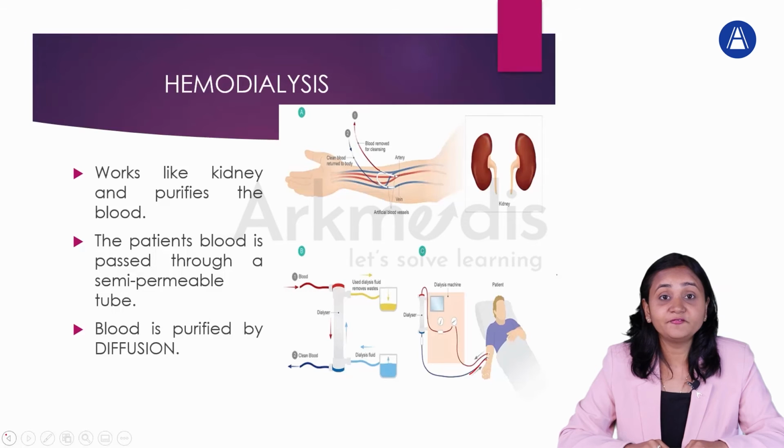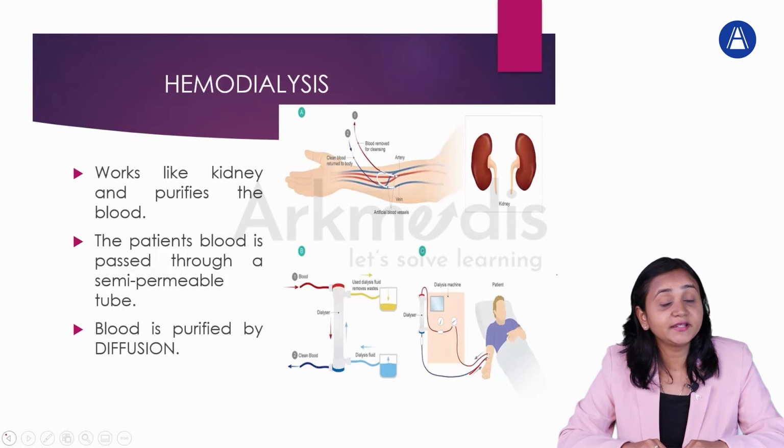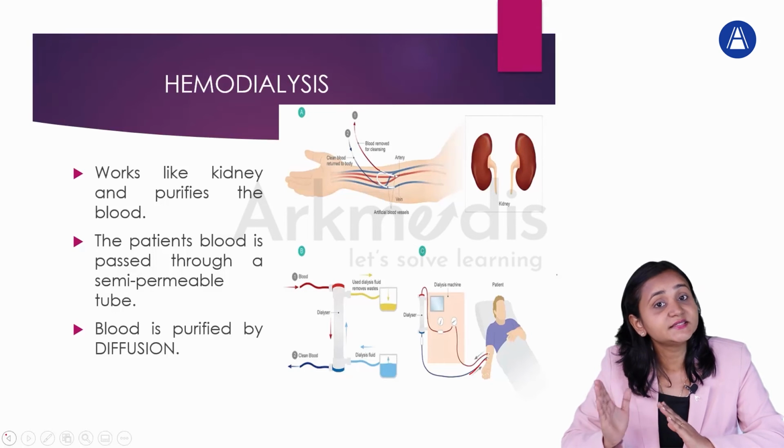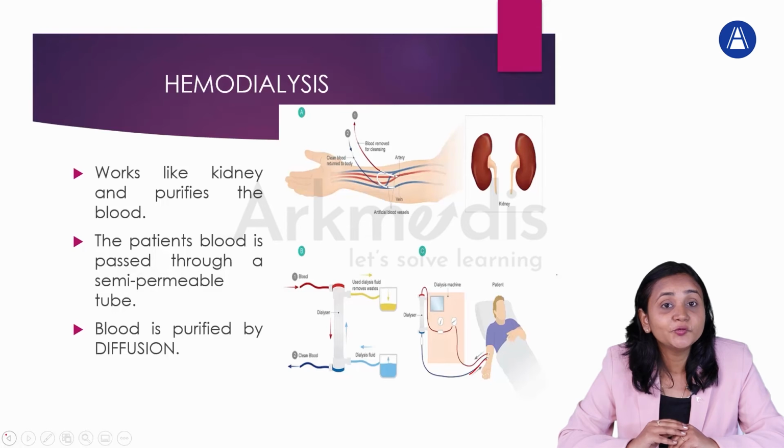Now, we all have known about the importance of kidney inside the human body. The patients who don't have proper functioning of the kidney have to undergo the process of hemodialysis. What does dialysis do? It is a unit which mainly functions in the same way as the human kidneys.